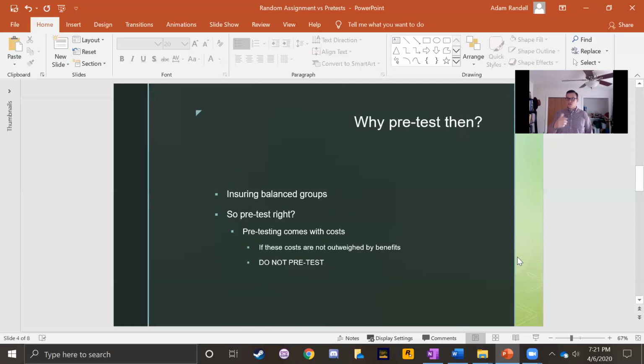So much so, in fact, that on average, if you have a choice between pretesting and random assignment, and you have a good enough sample size, my recommendation is don't pretest, randomly assign. Certainly if the costs of pretesting outweigh the benefits of pretesting, don't pretest.